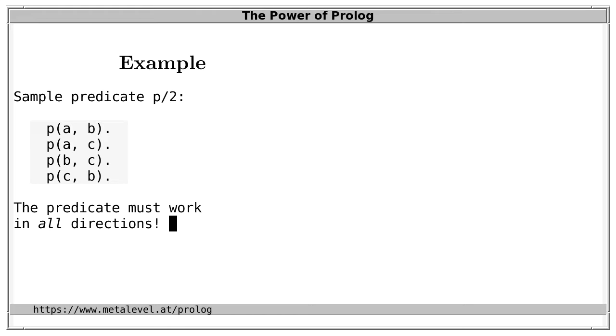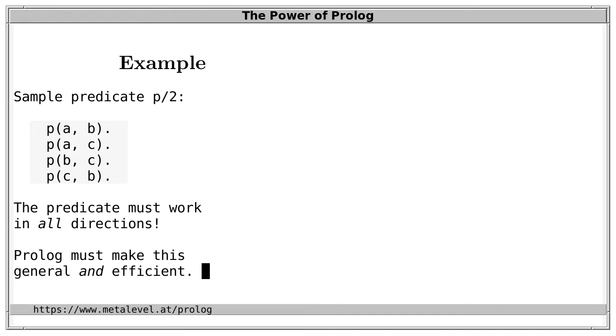And of course, a predicate must work in all directions. So, Prolog must make this general, in that it must be able to generate all solutions and at the same time also efficient. In particular, if partial information is already provided in queries, then that information should be automatically used to quickly narrow down the search to only the relevant clauses.